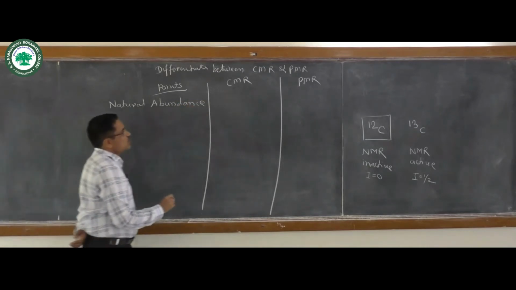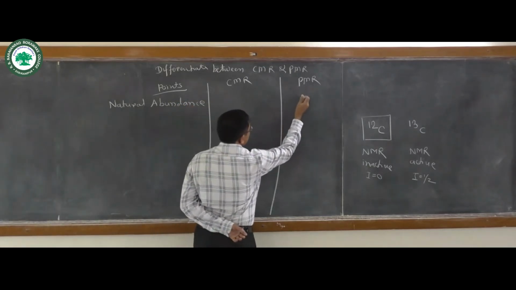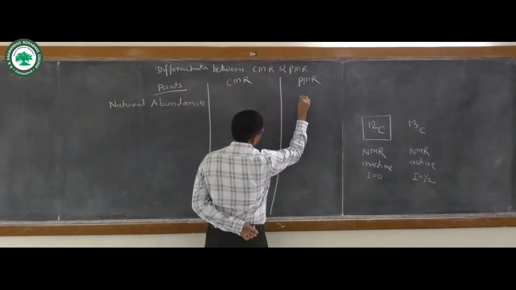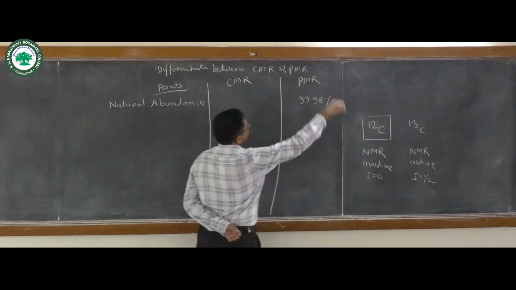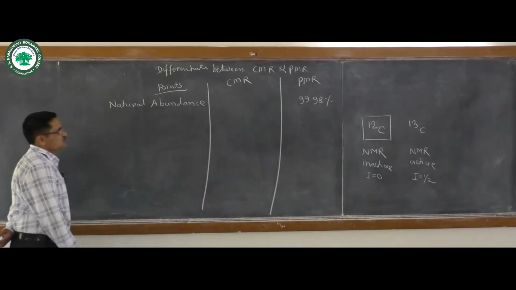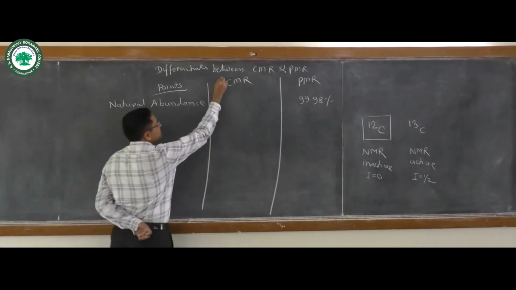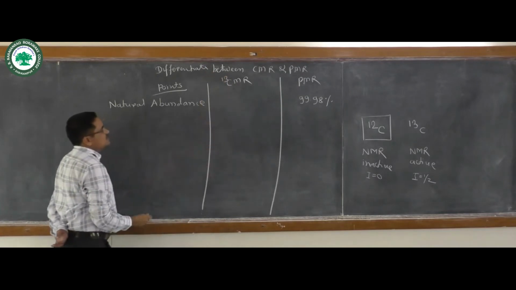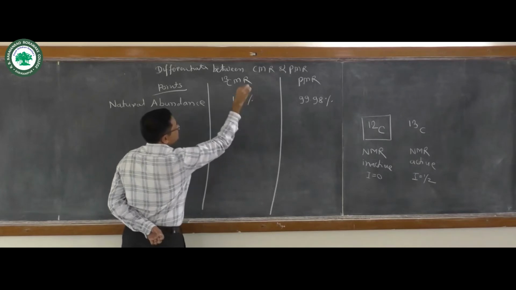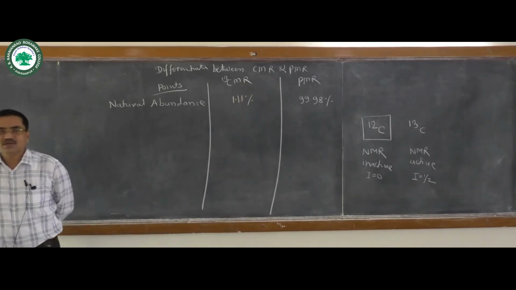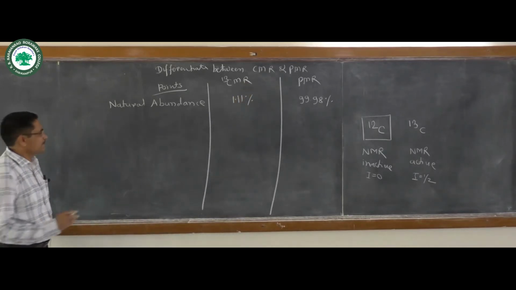Natural abundance in PMR means proton is 99.98%, but in case of CMR, 13C is only 1.11%, only 1.11%.